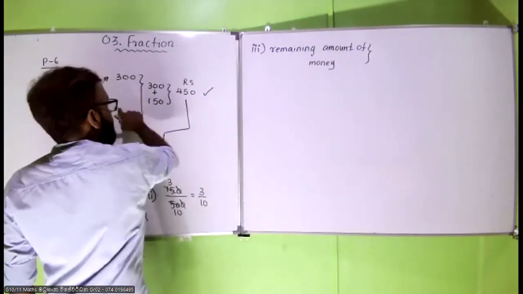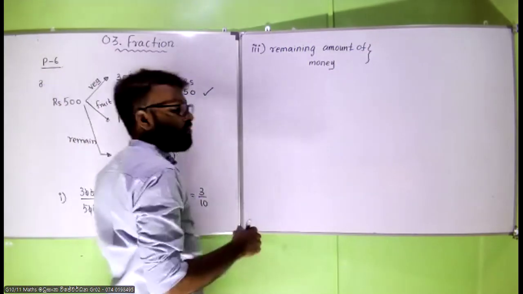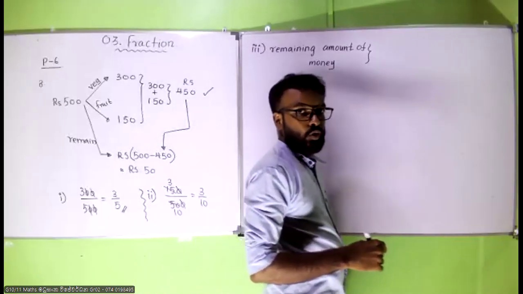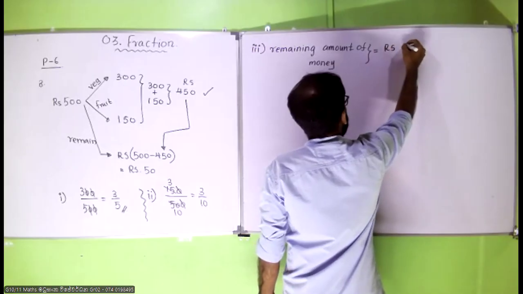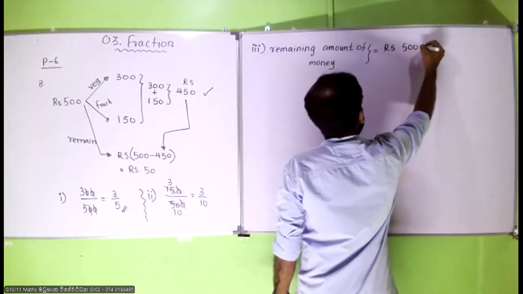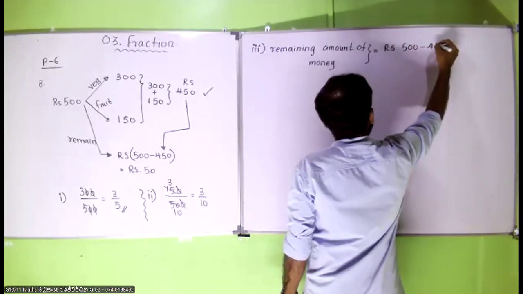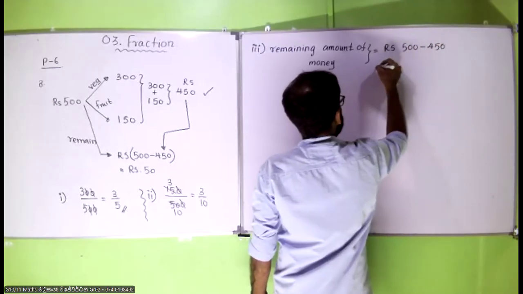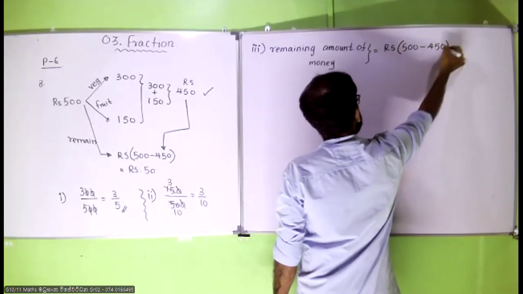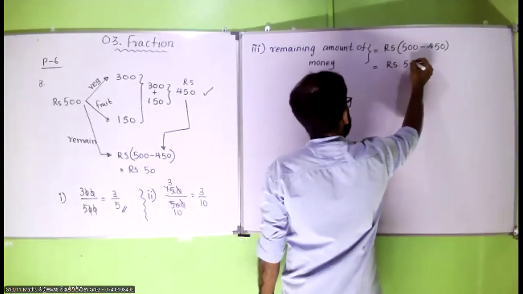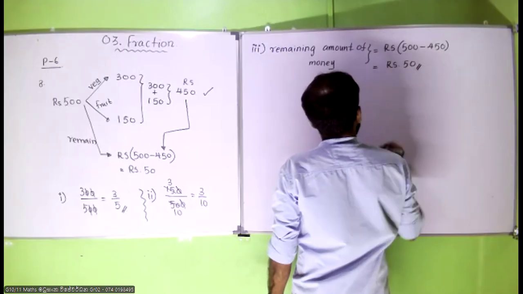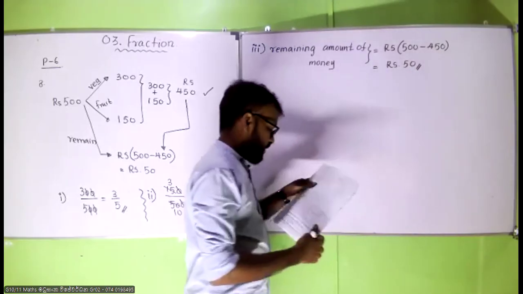So for vegetable and fruit, we have to spend 450 rupees. Then in hand, she had earlier 500 rupees. From that 500 rupees, we have to subtract 450. Equals 50. Now she has 50 rupees in her hand. But this is not the answer.